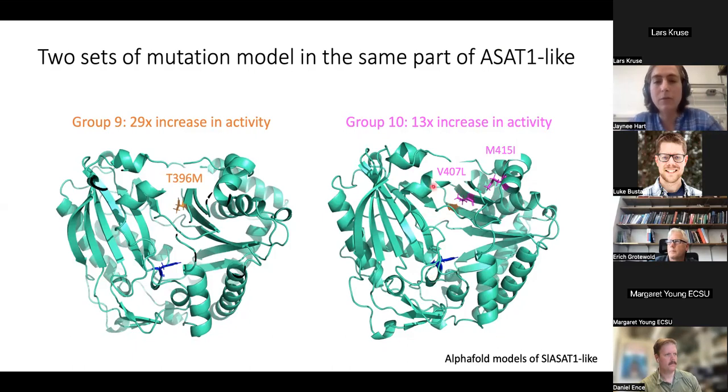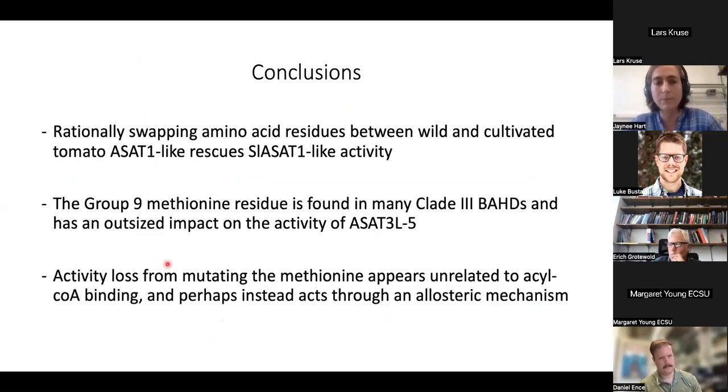And some of these residues are also conserved, especially this methionine in clade 3 BHDs. So I'm currently trying to follow this up and see how they affect the activity of other BHDs and try to understand how is it that this section of the protein is having such a large effect when it's actually not so close to the catalytic histidine and is also not affecting the acyl-CoA binding in that region.